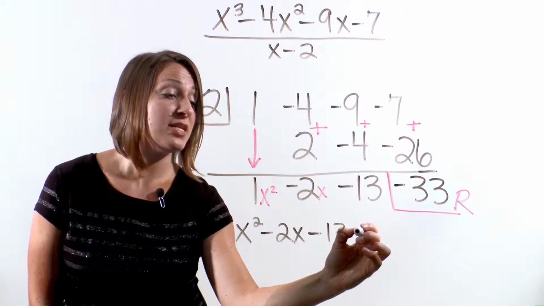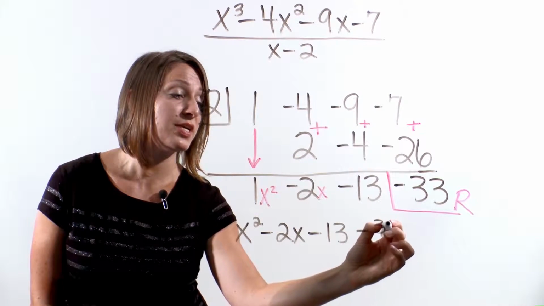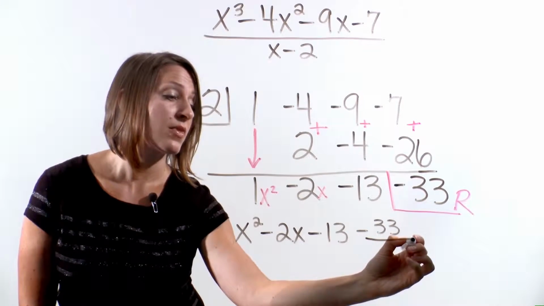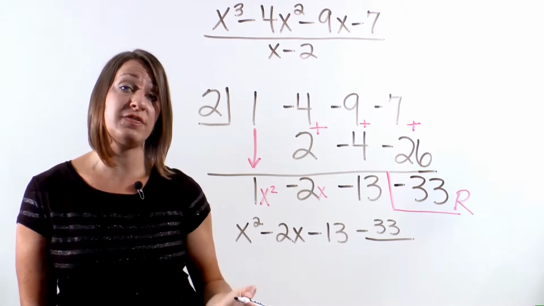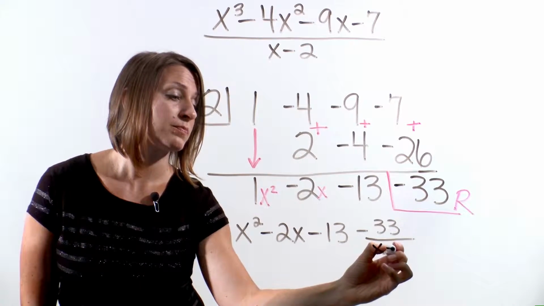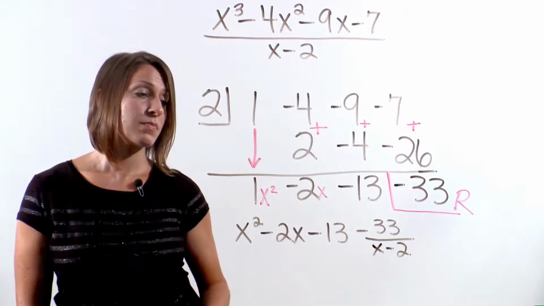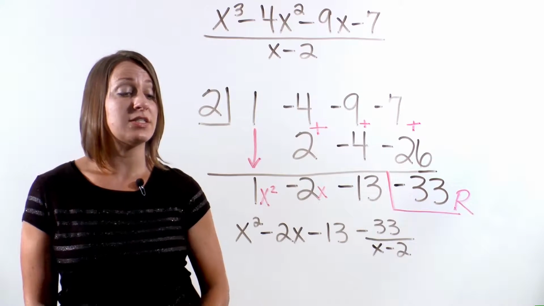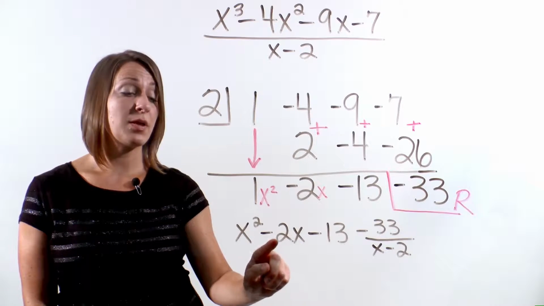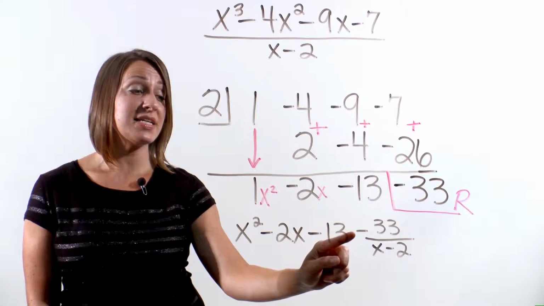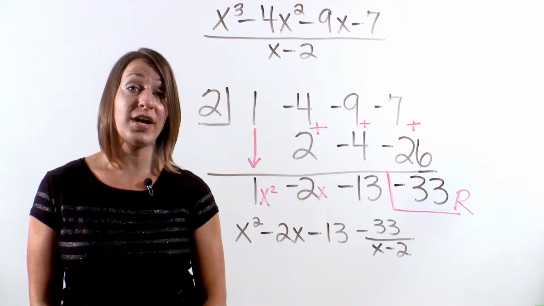We're going to put the remainder, negative 33, in the numerator over our original divisor, which is x minus 2. So even though it makes the answer look a little funny, our final answer is x squared minus 2x minus 13 minus 33 over x minus 2.